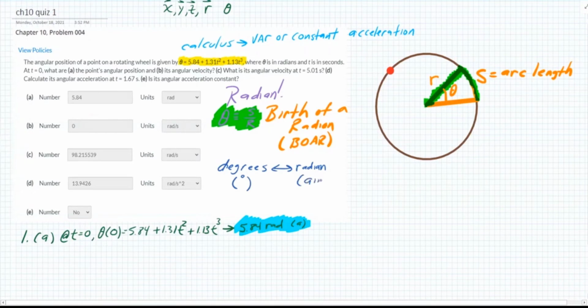There ain't no units, because technically the radian is a ratio. If I do dimensional analysis, what are the dimensions of S? Meters. The dimensions of the radius? Meters. So I would have meters over meters, so it's unitless.